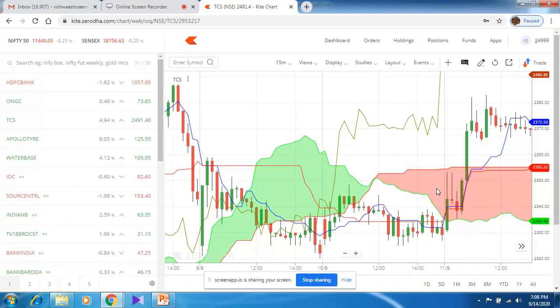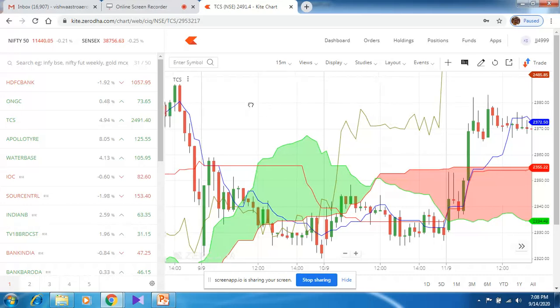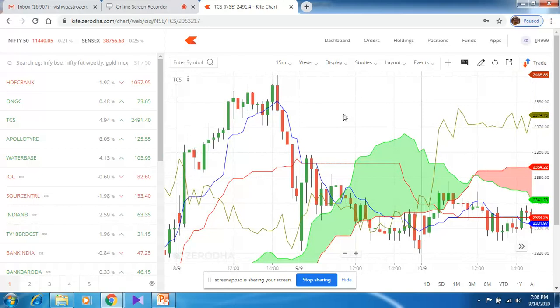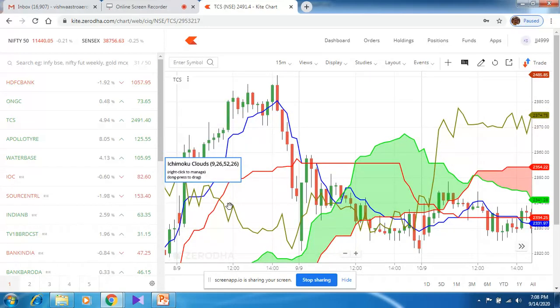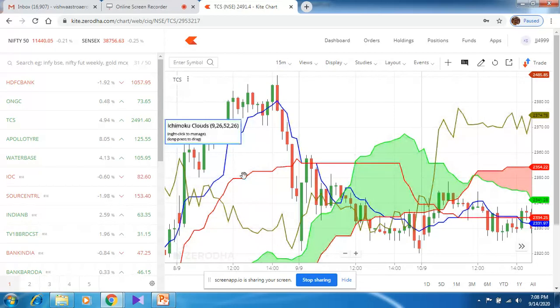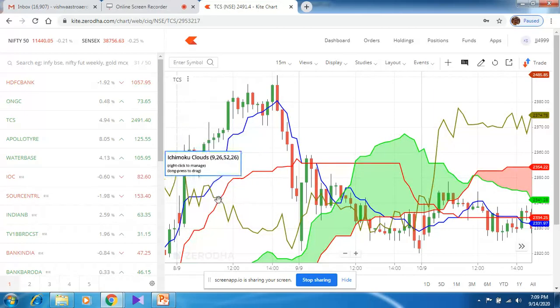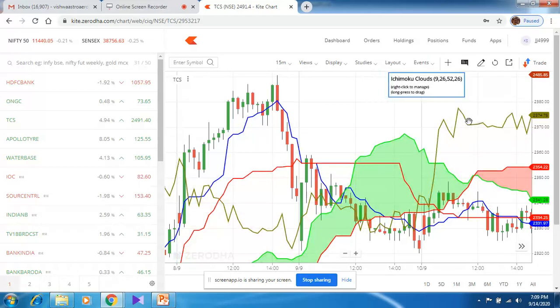This is a green cloud and this is a red cloud. We need to remember what these curves are. This blue curve refers to the fast line. The red line refers to the slow line. And this green curve, everywhere, represents the lagging span.